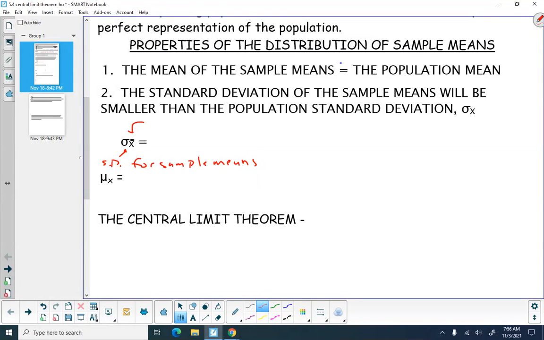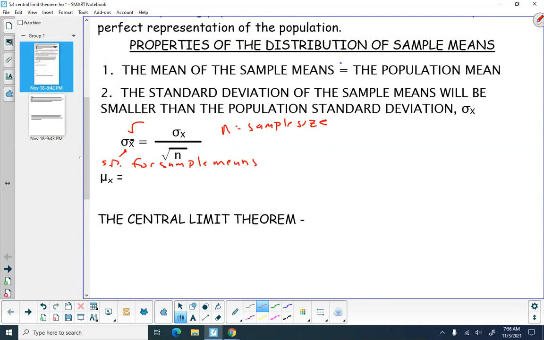This is standard deviation for the sample means. And this will equal the population standard deviation divided by the square root of n, where n is equal to your sample size.